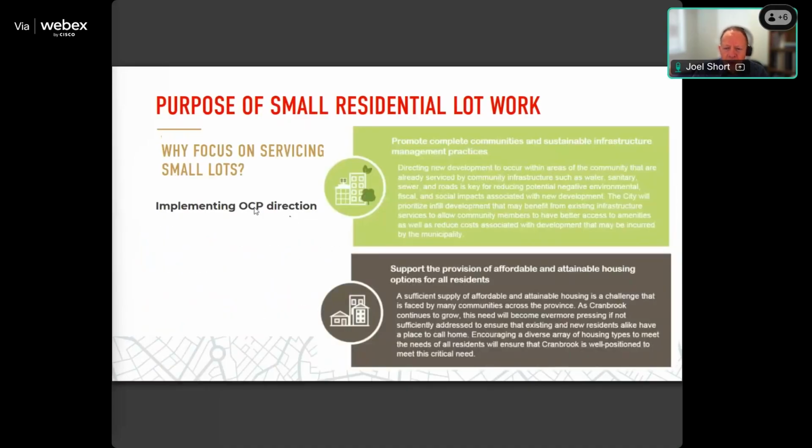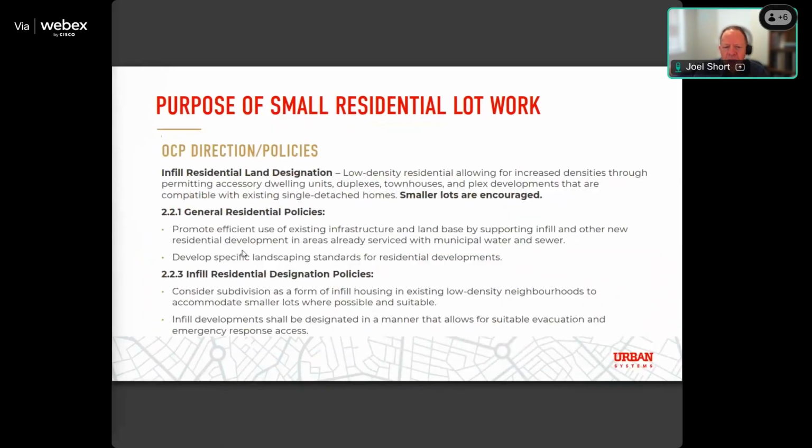The official community plan direction talks about promoting complete communities and sustainable infrastructure management practices, and supporting the provision of affordable and attainable housing options for residents. This servicing is interrelated with providing these different forms of housing that can provide infill.